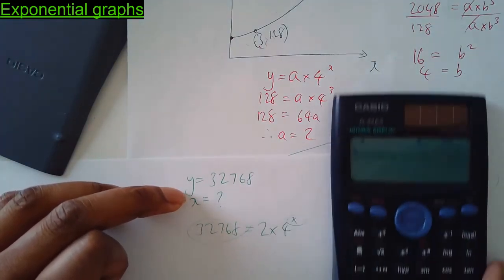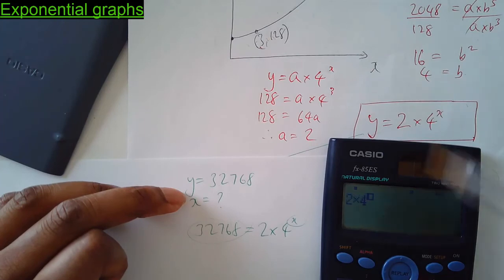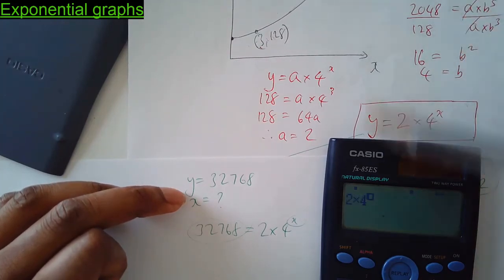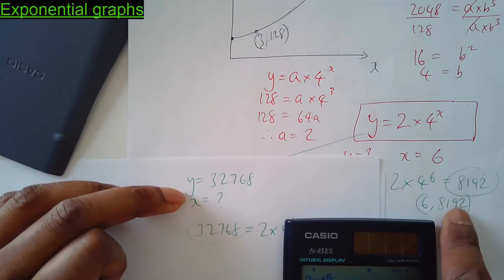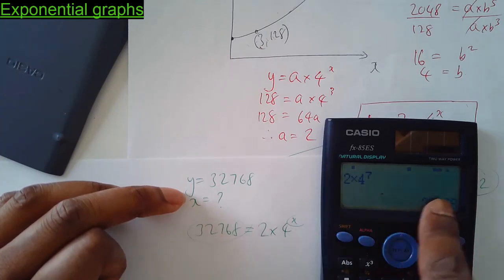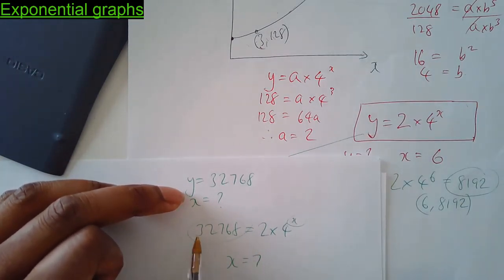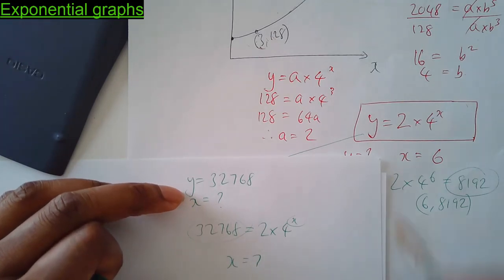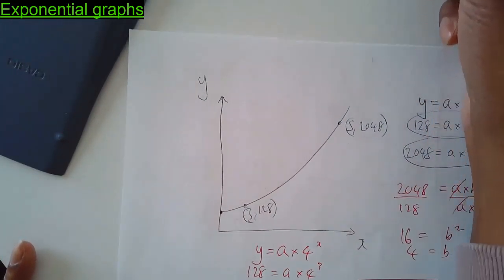Let's try 2 times 4 to the power of, well, 4 to the power of 5 will give you that. 4 to the power of 6, let's see what happens when you do 4 to the power of 6. You get that. Right. Let's go back and edit it. Let's try 7. Oh, look, that works. Therefore, x is equal to 7. So when x is 7, y is 32,768. And obviously, that is a lot further up on this curve. It goes all the way up to the top.